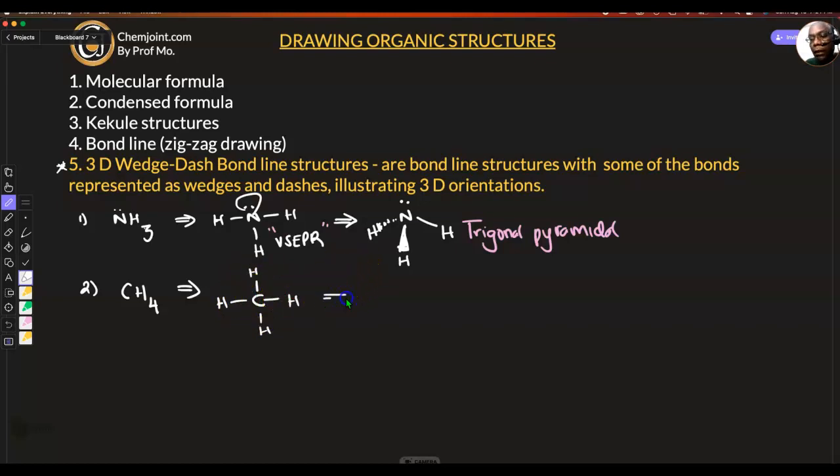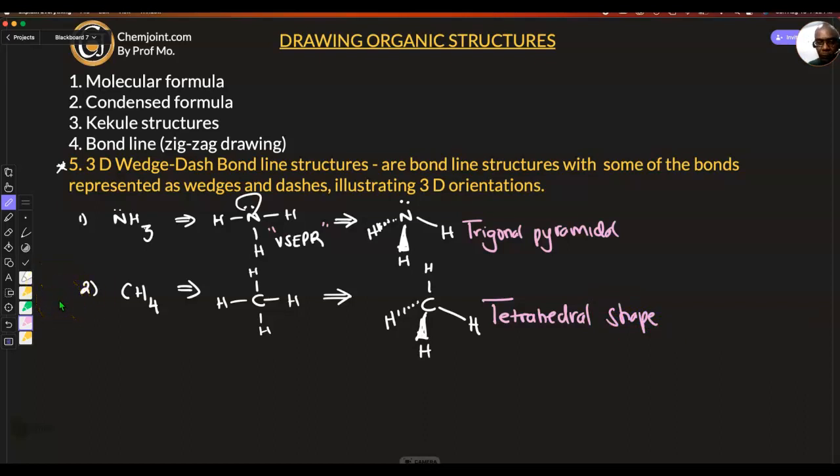But now we have to define this as tetrahedral, discussed in another lecture. 2 hydrogens will be on the surface of your screen, 1 will be away behind your screen. We use a dash bond, and 1 will be pointed towards you, popping out of your screen. So again, that is 3D, and we can already give this the molecular shape called tetrahedral molecular shape or geometry.